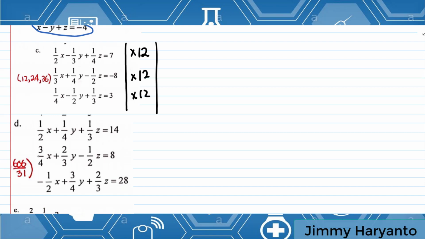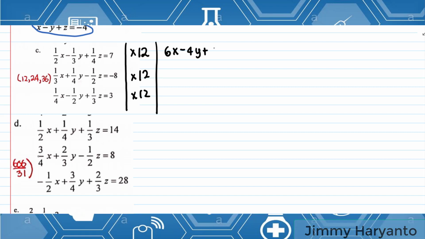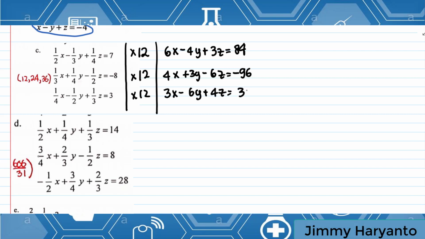Okay, for this one, 6x negative 1 over 3 times 12, for y, 1 over 4 times 12, 3z equals 84. For this one, 4x plus 3y minus 6z equals negative 96. For this one, 3x minus 6y plus 4z equals 36.